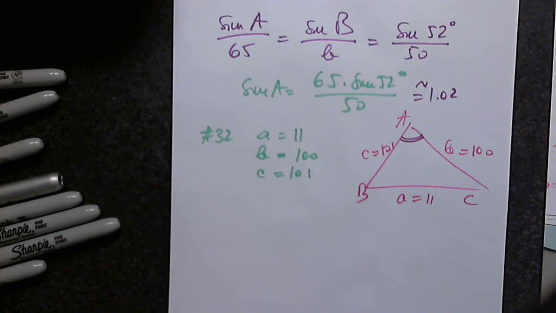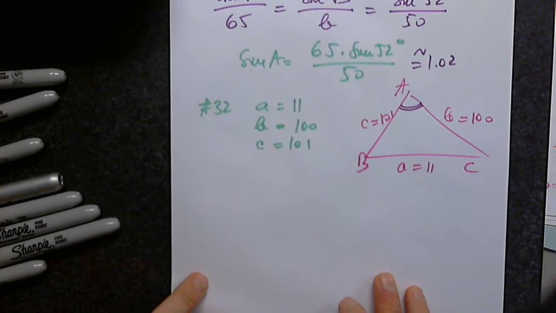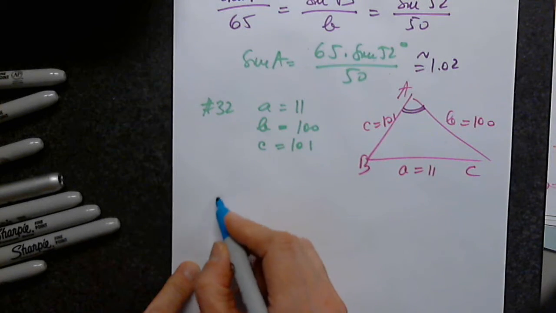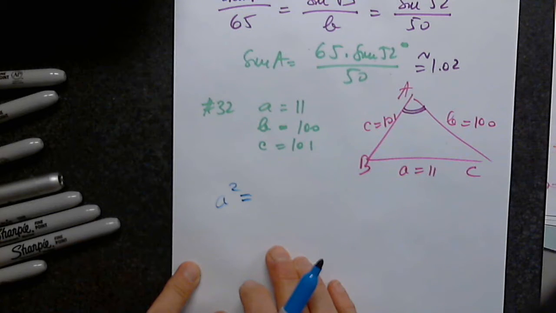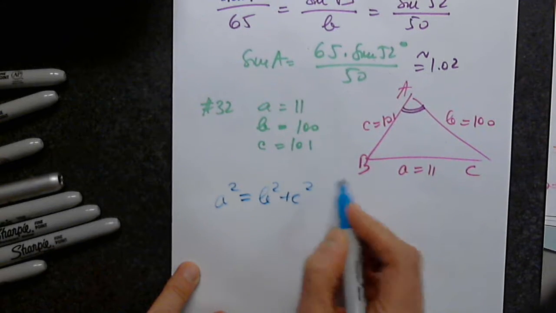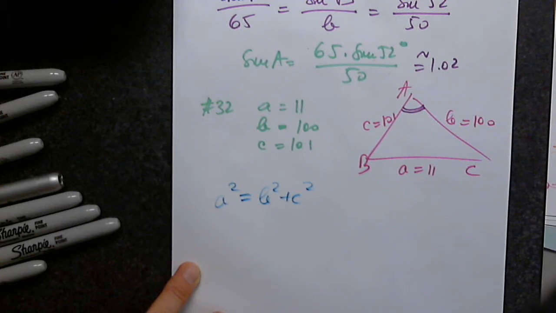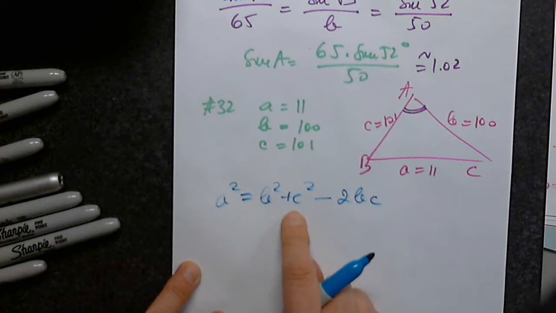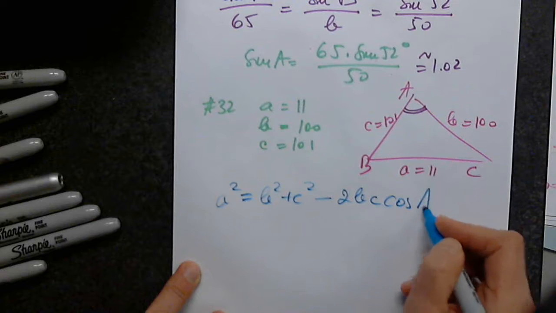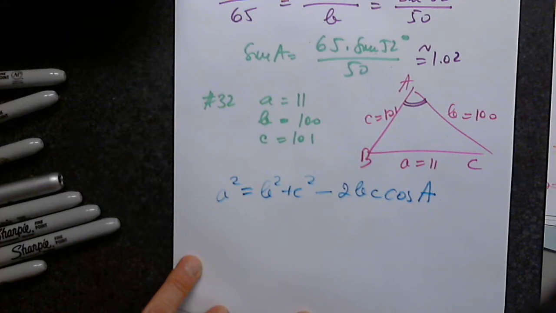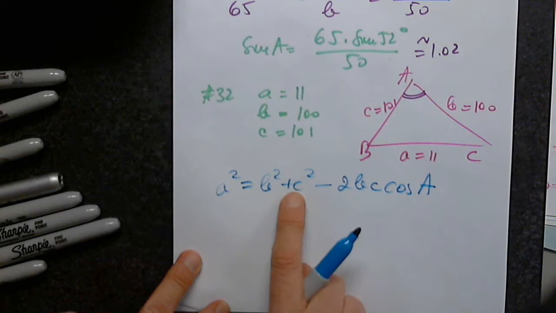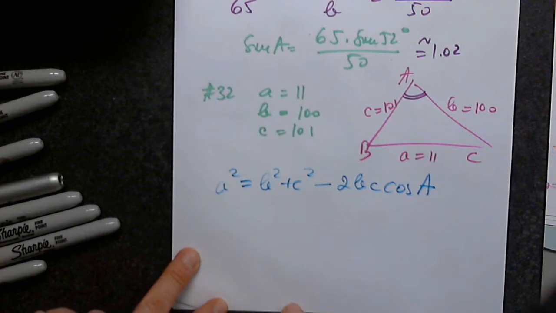Can anyone dictate the law of cosines? A squared equals b squared plus c squared, this will be the Pythagorean theorem as we know it, minus 2bc cosine A.